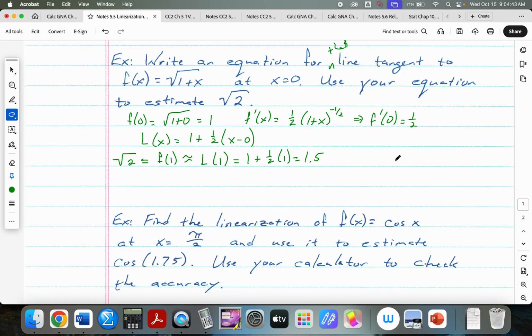By the way, in case you don't know, to 3 decimal places, the square root of 2 is 1.414. It's not a terrible approximation. Now, if I was closer, like if I wanted the square root of 1.5 or 1.2, this would be a better approximation. Typically, the closer you are to the point of tangency, the better the approximation is.